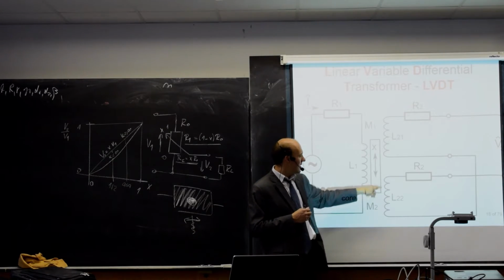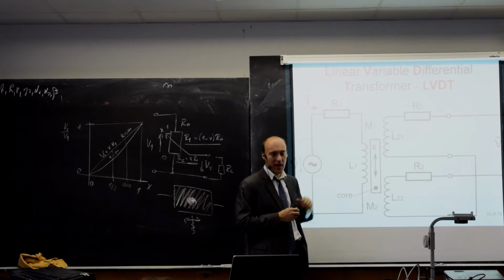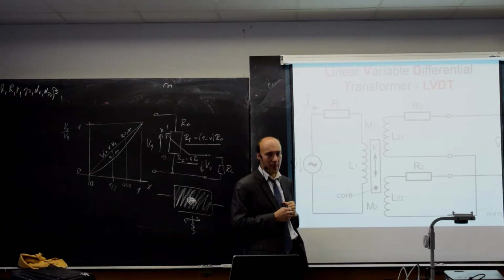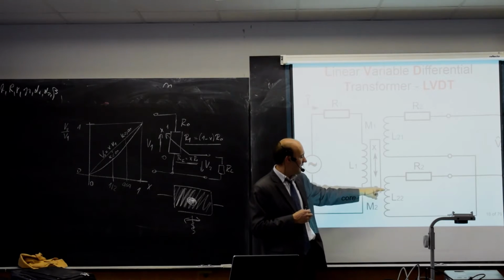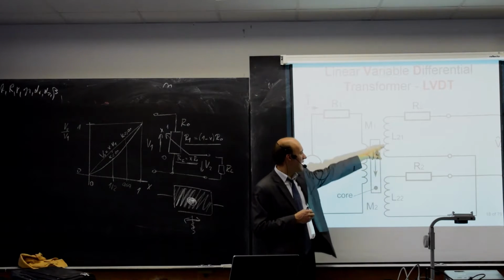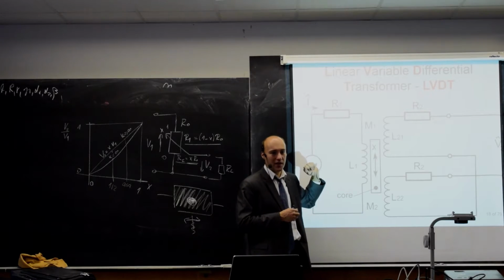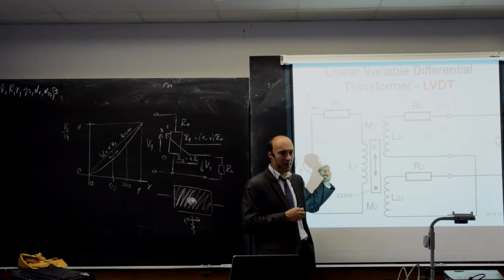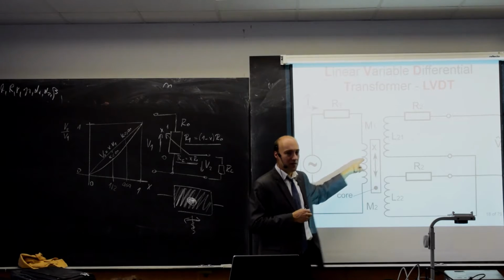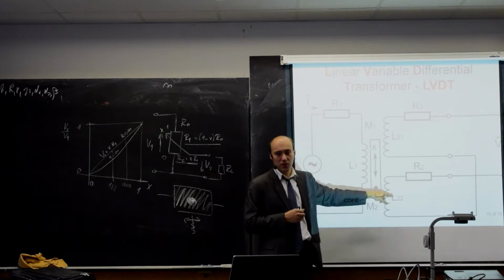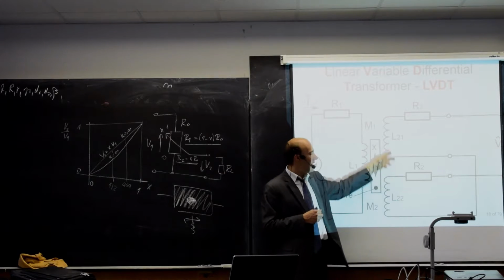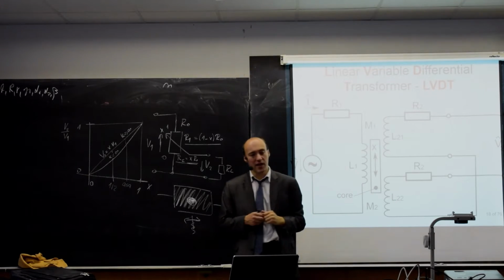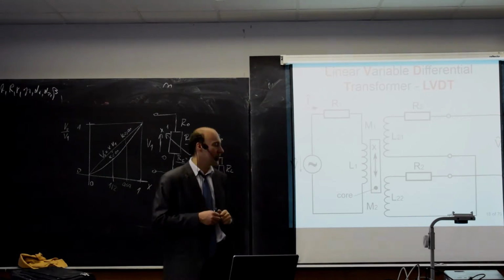The core is made from a ferromagnetic material, and if it is in the middle, it means that I will have the same voltage in this winding and the same voltage in this winding, because I will have the same coupling between those two windings and between those two windings. The output voltage in those secondary windings is also AC.